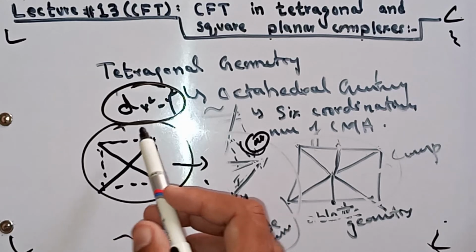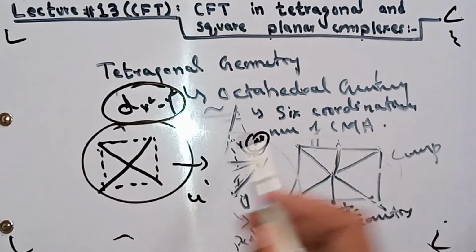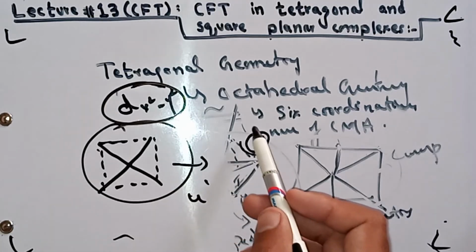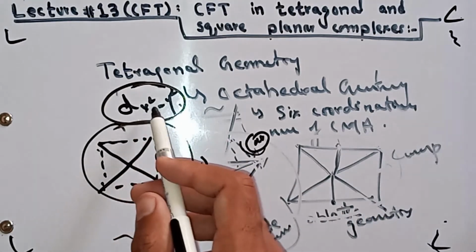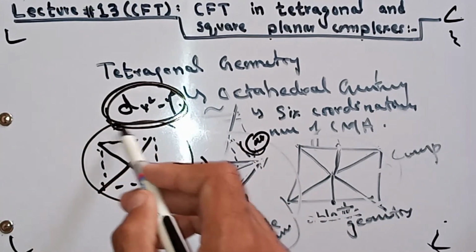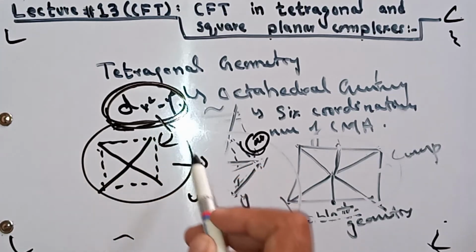When the ligands approach the central metal atom in this way, in the dx square minus y square orbital, a square planar complex will be formed.